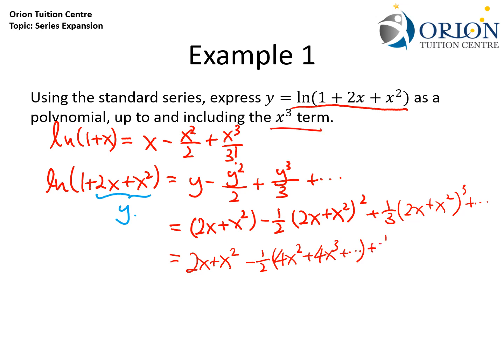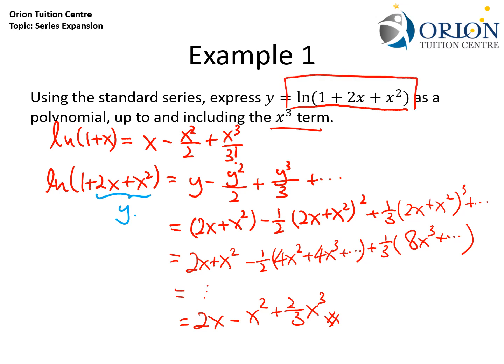And in this third bracket, I have 1/3, and the only term I need from here will be 2x cubed, which gives us 8x cubed, and so on. So we can combine the terms, and eventually you can show that it will be 2x minus x squared plus 2/3 x cubed. And this will be the standard series expansion of the term ln of 1 plus 2x plus x squared.